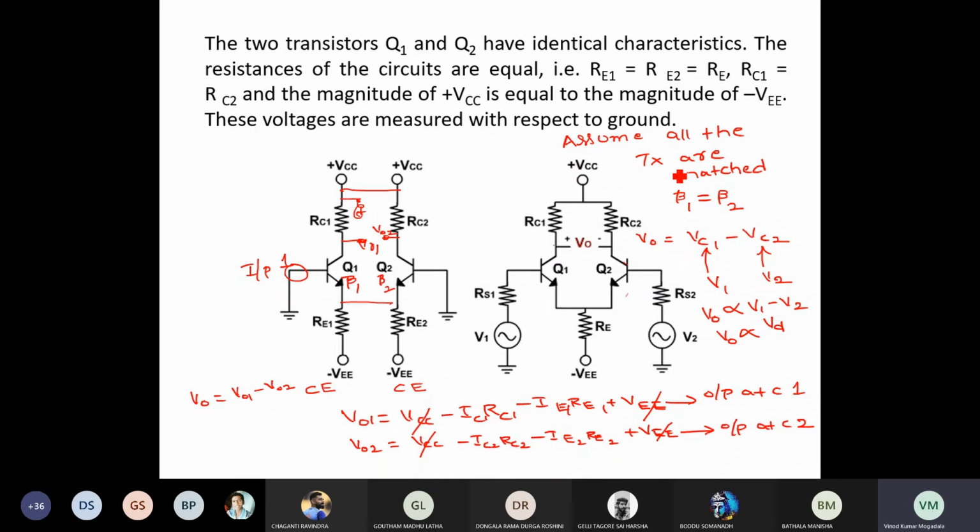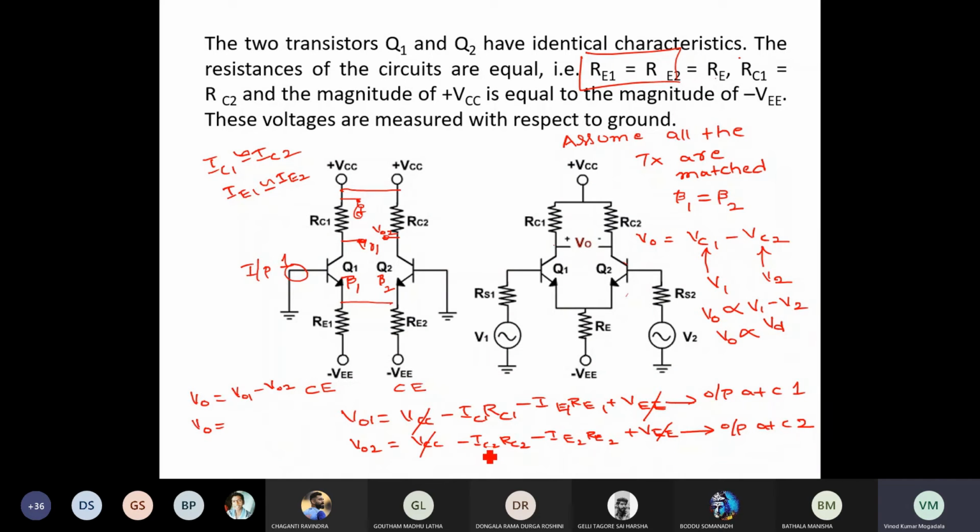Because we have assumed all the transistors are matched, IC1 will be approximately equal to IC2, and IE1 approximately equal to IE2. We also assume RE1 equals RE2, which is RE, and RC1 equals RC2. Then you can write the output voltage.